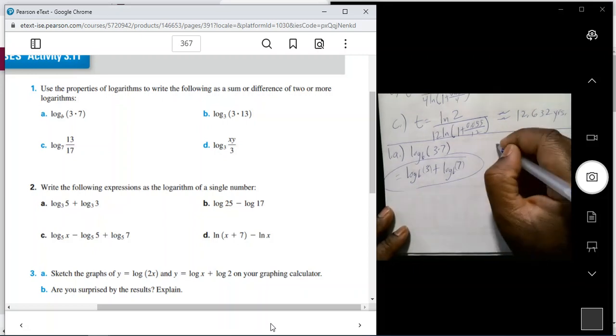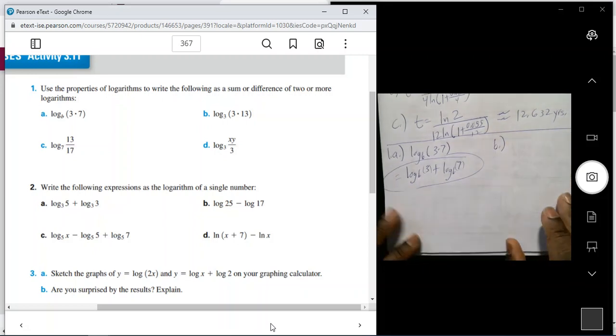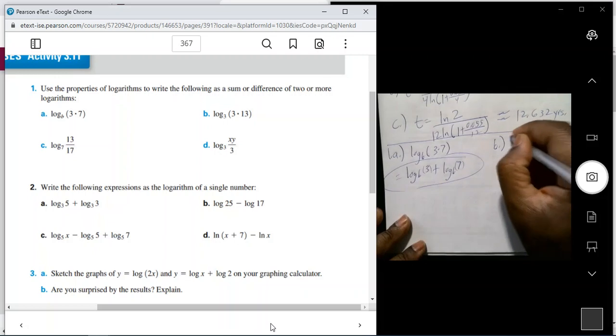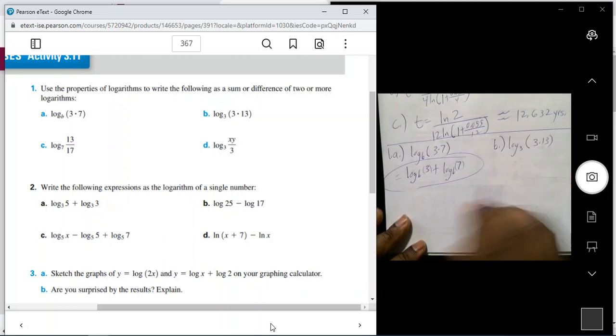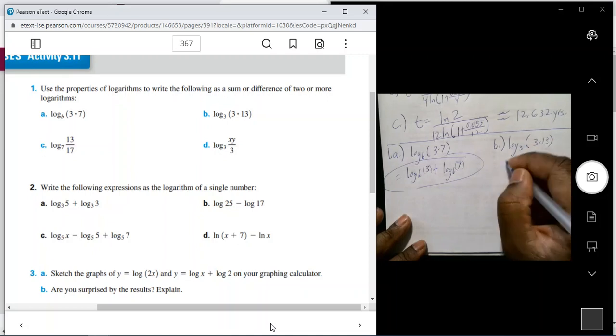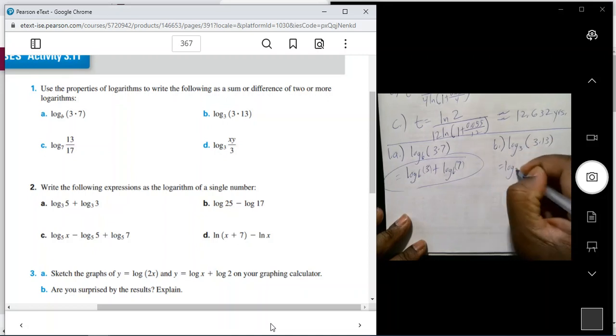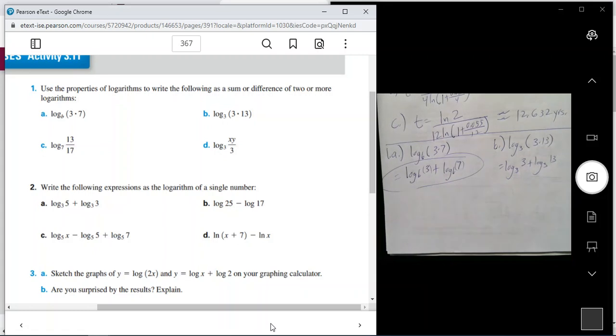Okay, now for b, we have log base 3 of 3 times 13. It's the same process, except instead of b, we would have 3 here. Log base 3 of 3 plus log base 3 of 13.